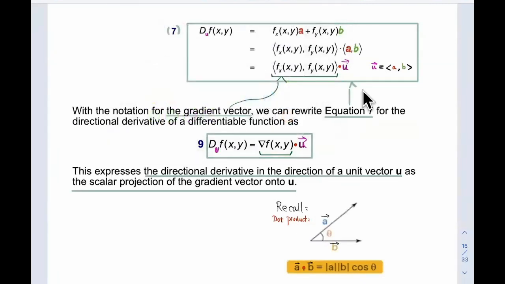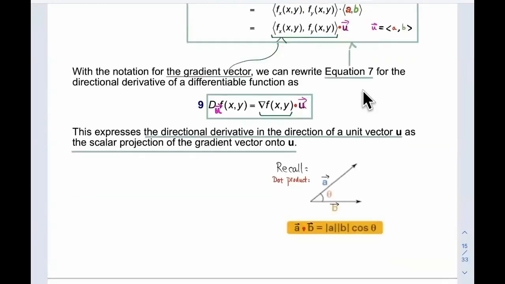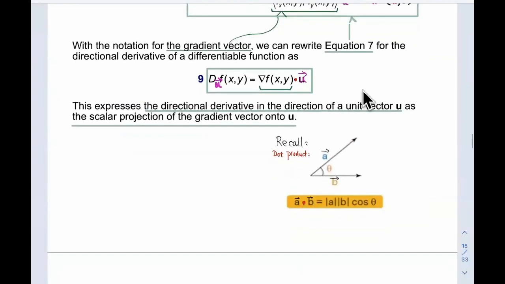This u here is a unit vector. So to compute the directional derivative in the direction of u, you just take the gradient dotted with u. When you dot them, that is the scalar projection of the gradient. Remember, how do you perform the dot product? a dot b is the magnitude of a times magnitude of b times cosine theta. So basically it's how long the shadow is.